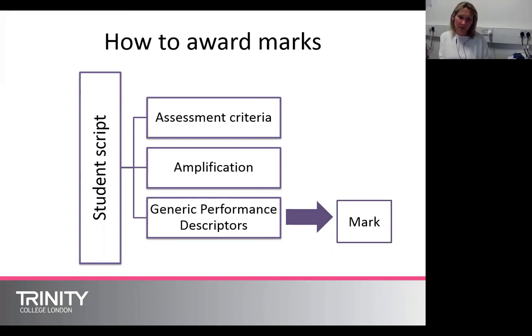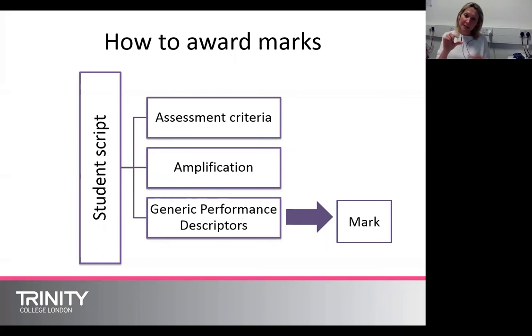And then we also use generic performance descriptors. Generic performance descriptors describe the expected level of performance in order to achieve a mark from 0 to 4. So a generic performance descriptor might say the candidate demonstrated a wide range of something, or they have done it with consistency.